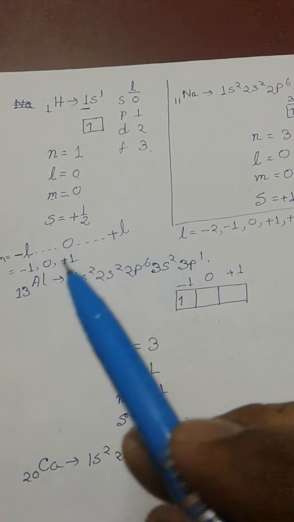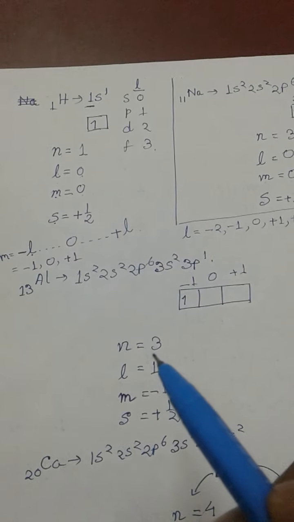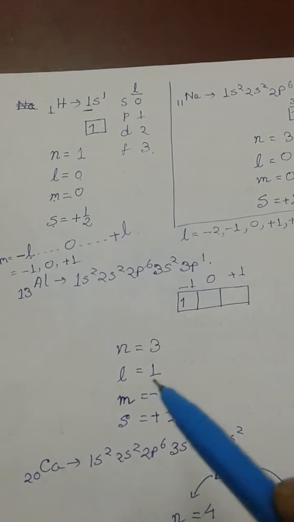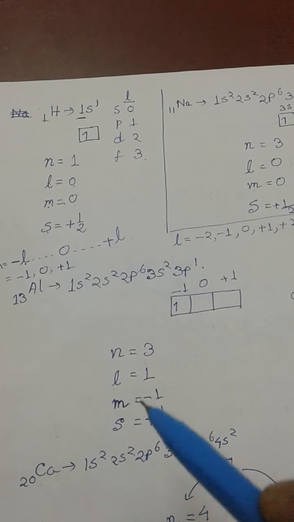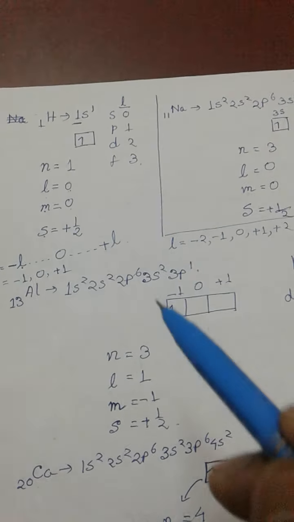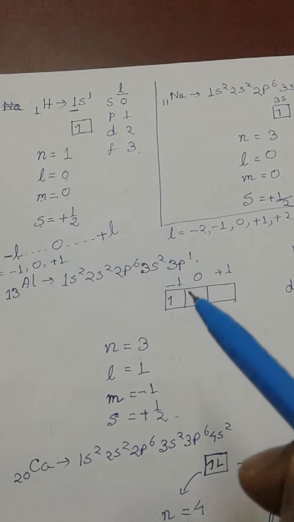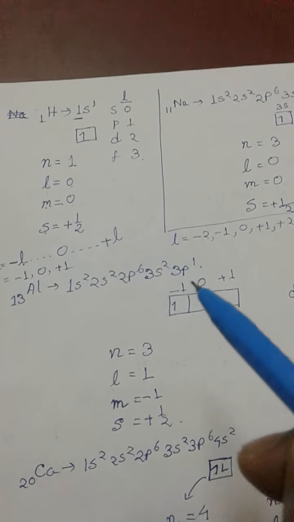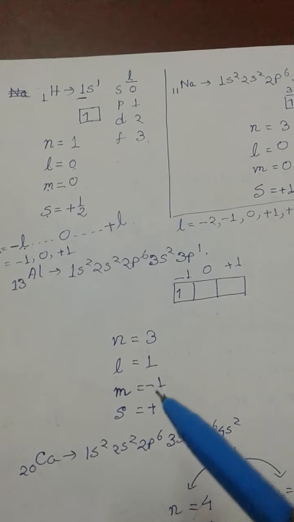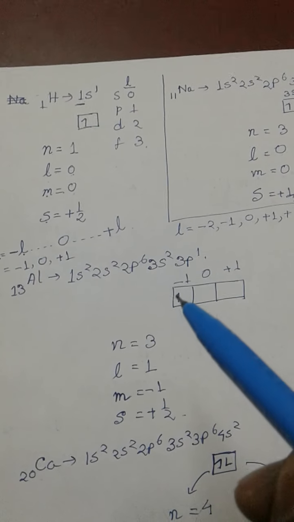Now for 3p1, the n value is 3, the l value for p is 1, so l is 1. The m value of the electron is -1, because the electron is present in the first orbital, so m is -1, and s is plus half.